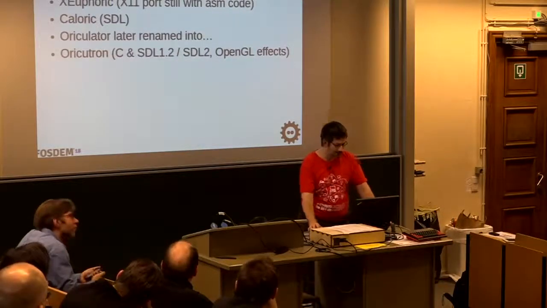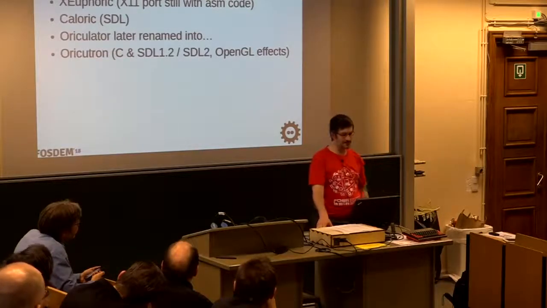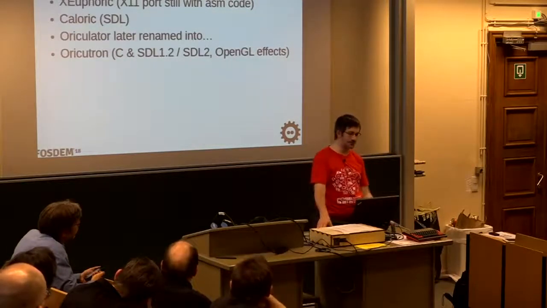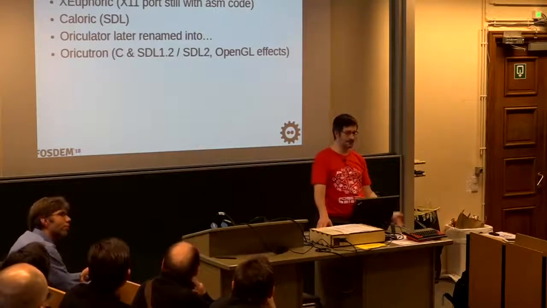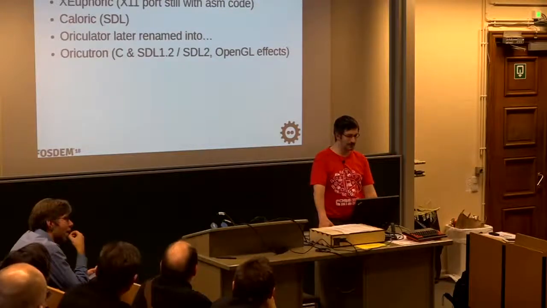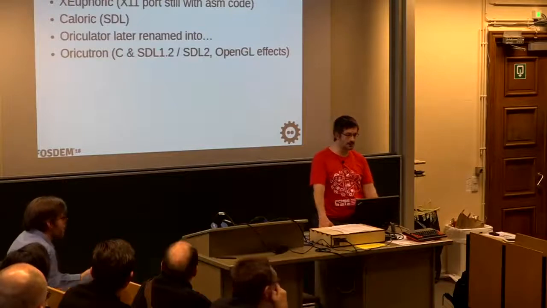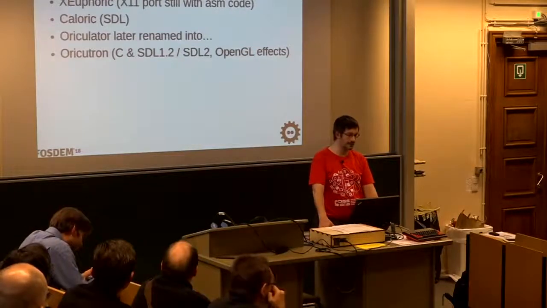We had a lot of ORIC emulators with funny names. Euphoric, X-Euphoric, which was ported to Xorg. It wasn't called Xorg at the time. Caloric, which used SDL but still had some assembler, so it was not really portable.